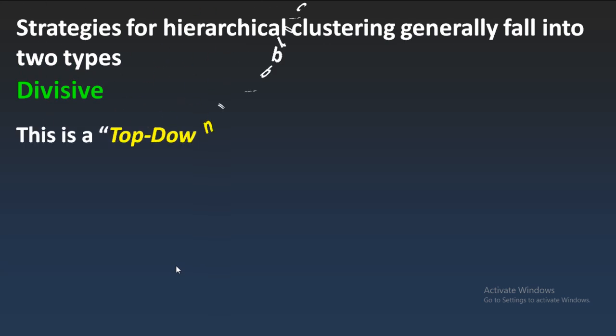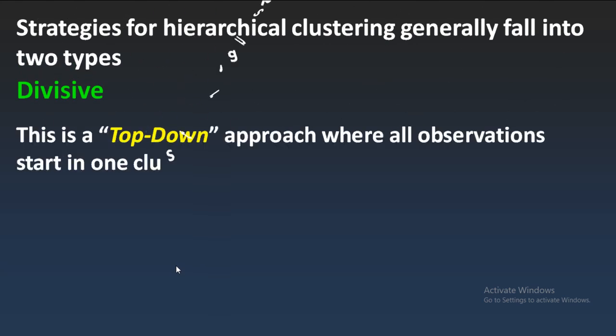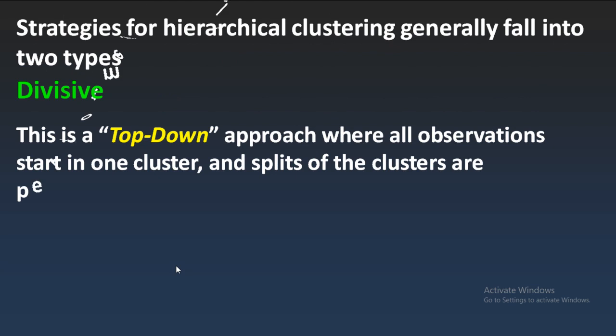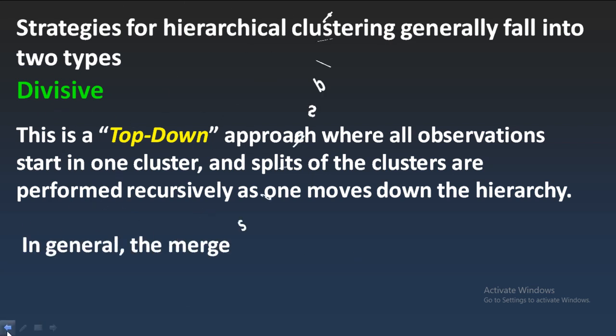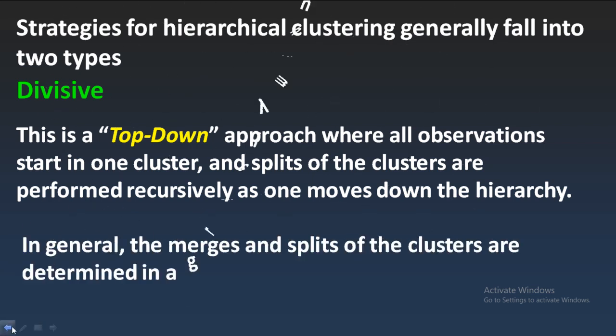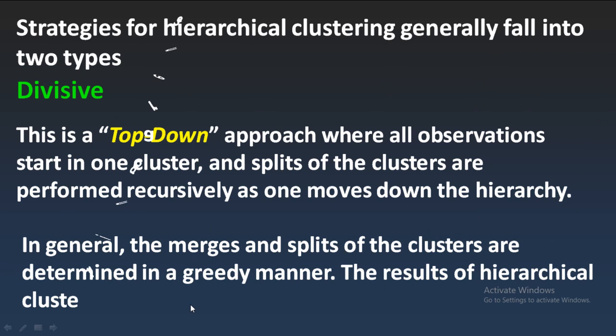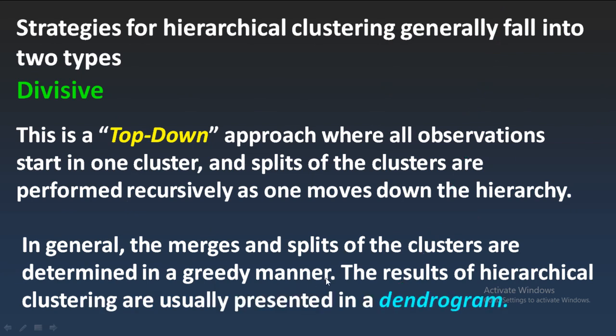This is a top-down approach where all observations start in one cluster and splits of these clusters are performed recursively as one moves down the hierarchy. In general, the merges and splits of the clusters are determined in a greedy manner. The results of hierarchical clustering are usually represented in a dendrogram.